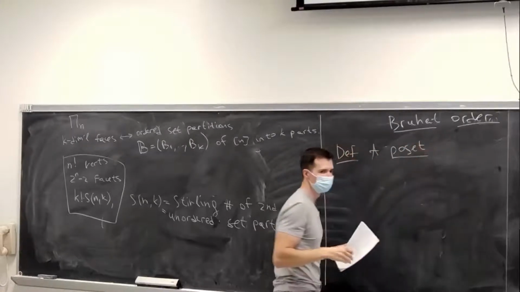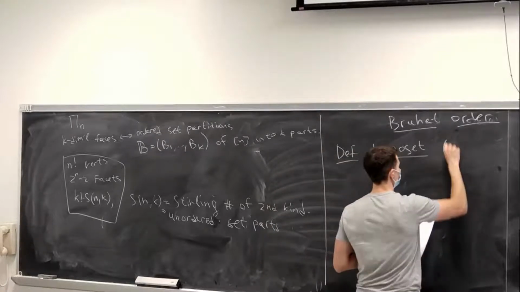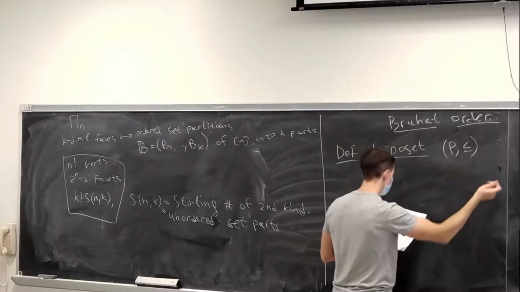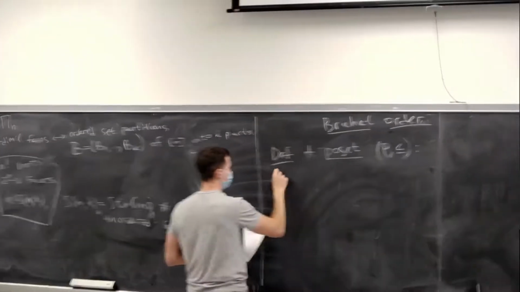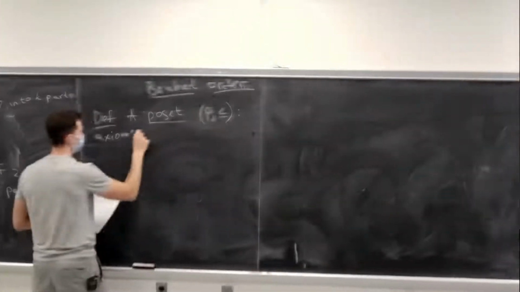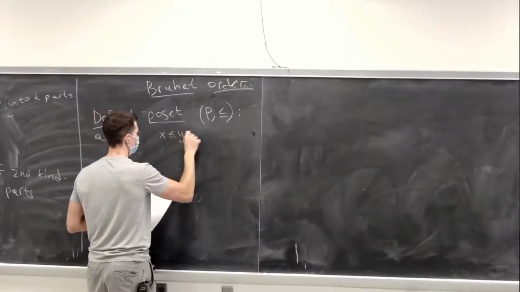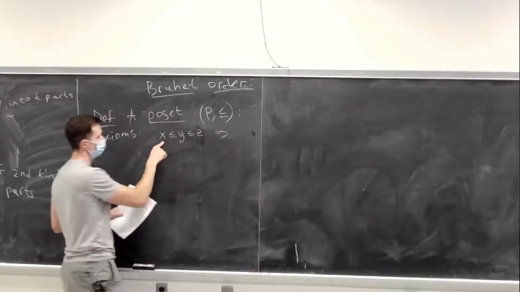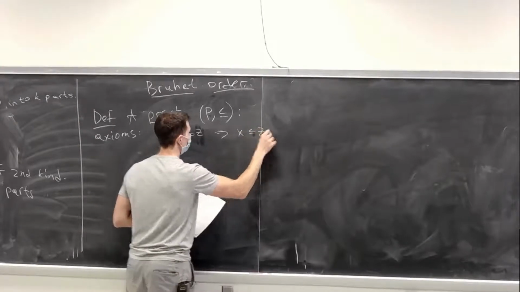A poset, also known as a partially ordered set, is usually written as a set with a binary relation that has to satisfy some very natural axioms, like transitivity: if you have x less than or equal to y, less than or equal to z, then x is less than or equal to z.